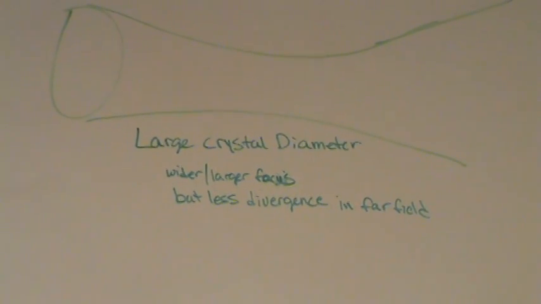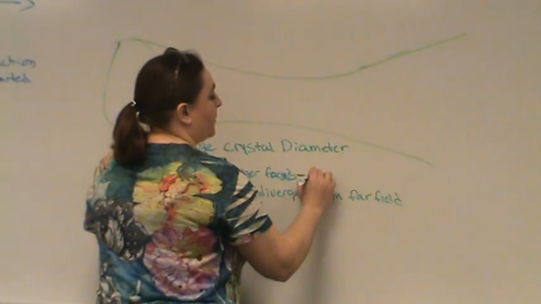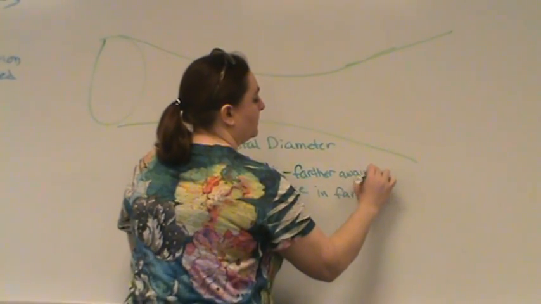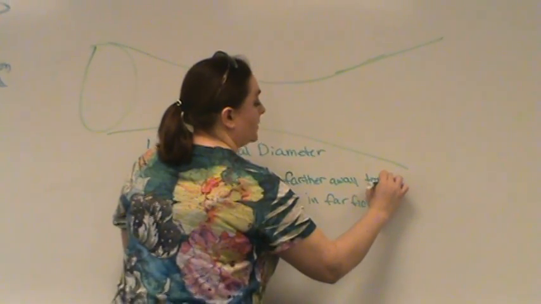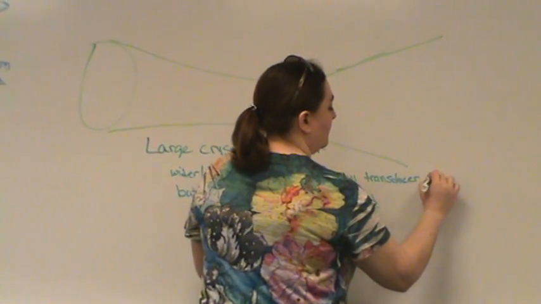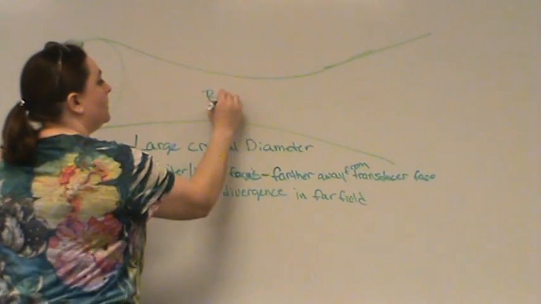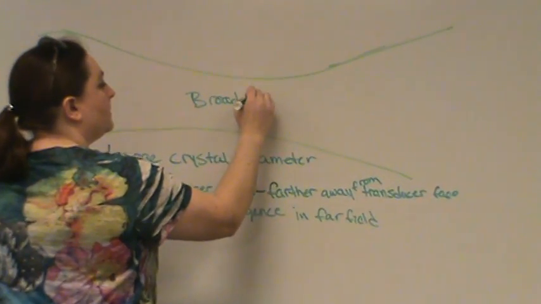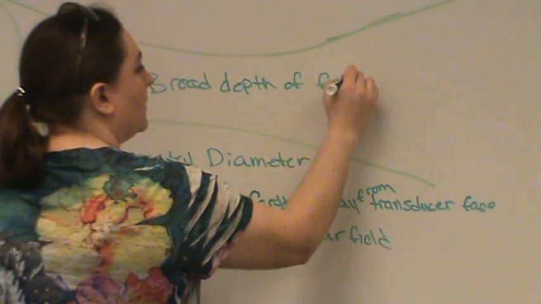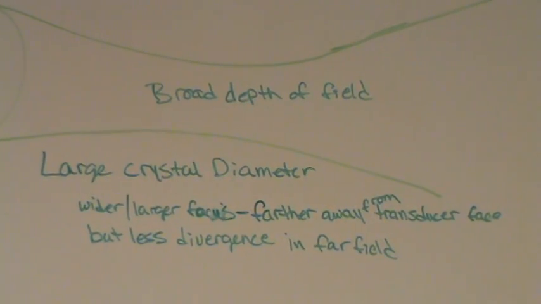There's another way that they talk about how far the focus is from the transducer face. So that would be a broad depth of field versus this one that has the little teeny tiny crystal diameter.